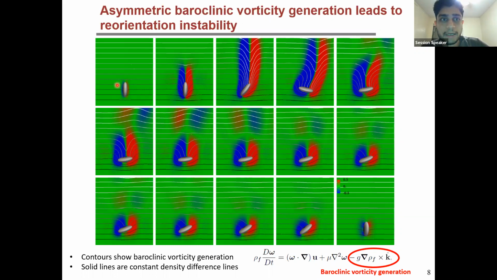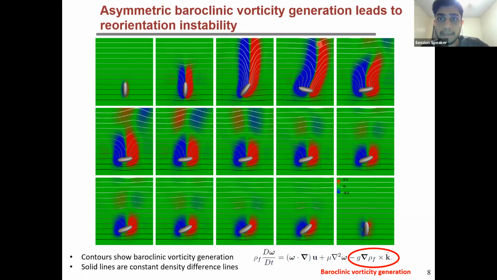But what happens in a stratified fluid is that initially the particle accelerates, which can be inferred from the expanding of these vorticity contours. And as it accelerates, it topples from this initial edgewise orientation to a broadside-on orientation.